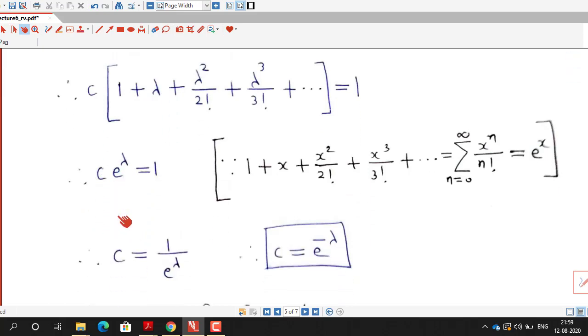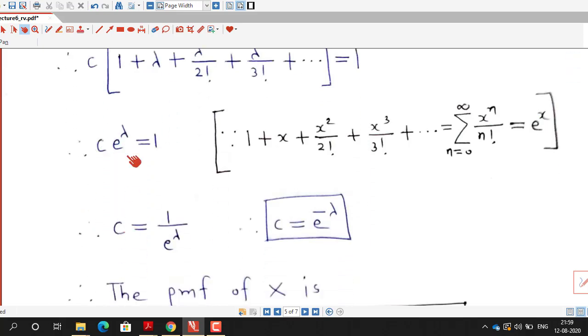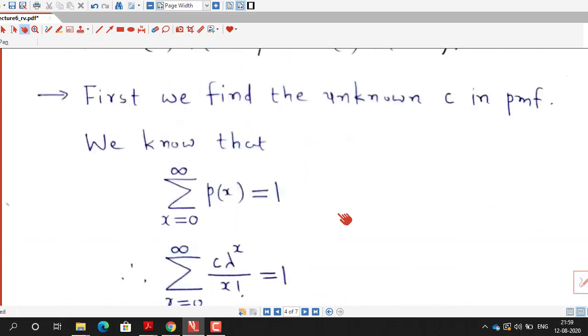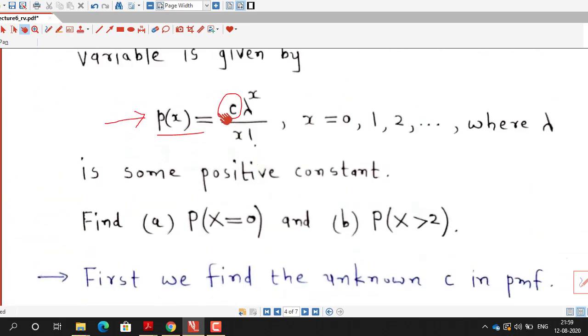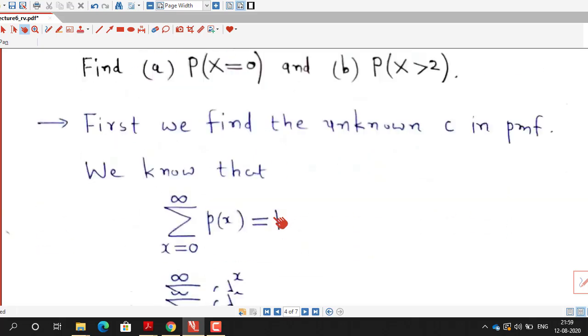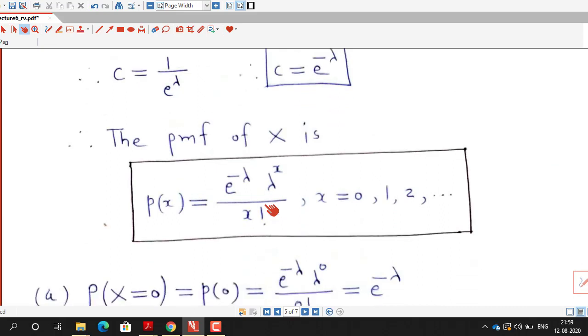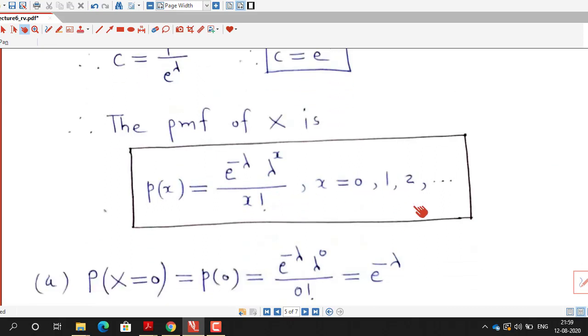So c times e raised to lambda is 1, therefore c equals 1 upon e raised to lambda, which we can rewrite as e raised to minus lambda. Putting c equal to e raised to minus lambda, p of x will be e raised to minus lambda times lambda raised to x upon x factorial, where x runs from 0, 1, 2 up to infinity.